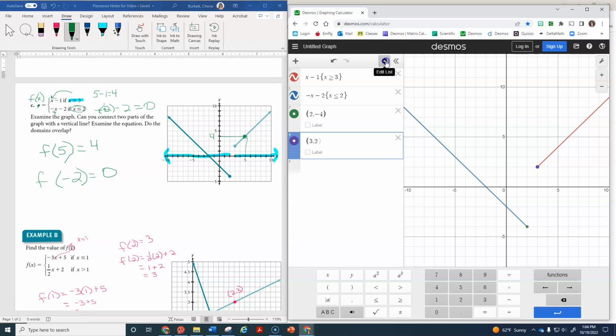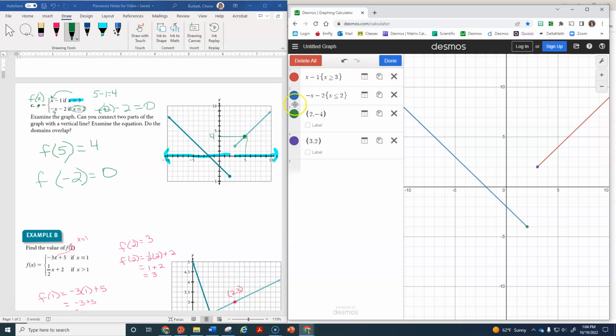So you click that line, and then you go to this green dot and say, hey, we'd rather that be blue. You click the purple dot and you say, hey, I'd rather that be red. This is where if you want an open circle on there, you could certainly put an open circle, but be careful. Just because you put an open circle, that does not mean that it matches.